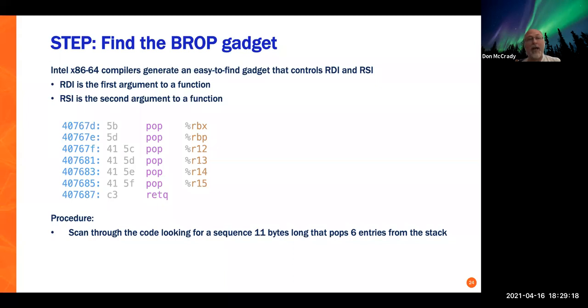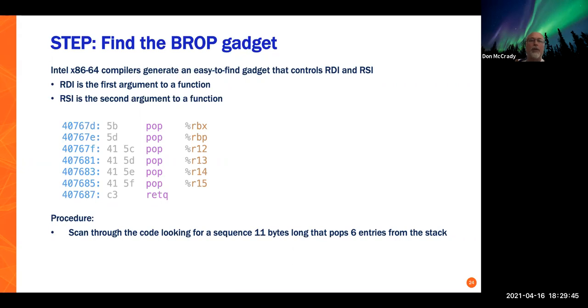If it's not this gadget, if I landed above here, it would not pop 6 things from the stack. It wouldn't be my gadget. So it's fairly easy to locate this by pushing 6 time bombs on the stack, executing your candidate address, and if it pops all your time bombs off, then you found the gadget.